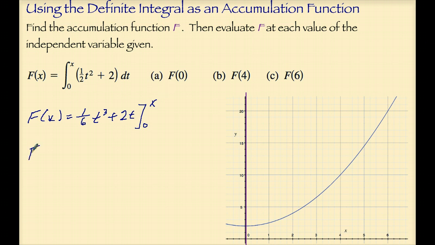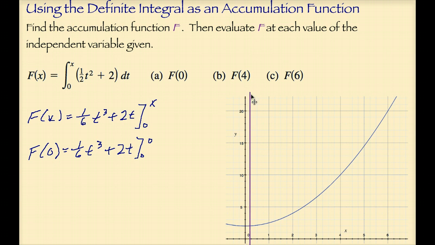This means that F of 0 will be 1/6 t cubed plus 2t from 0 to 0. Now, as we can see by using my representative rectangle here, no area is accumulated if the lower endpoint of integration is 0 and the upper endpoint of integration is 0. So we know that the value of this integral has to be 0.